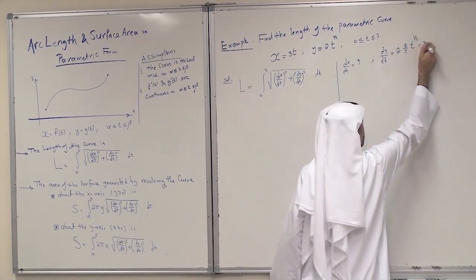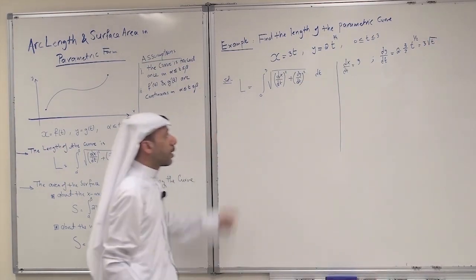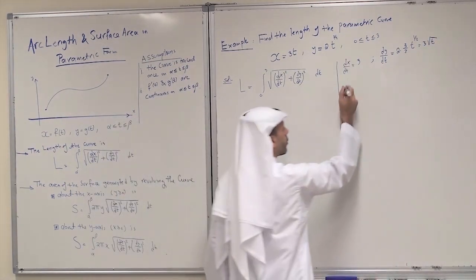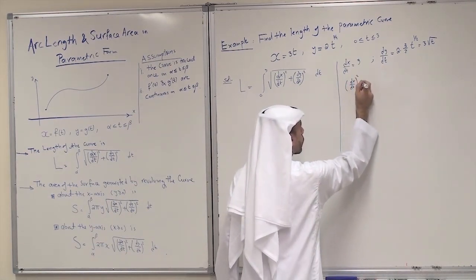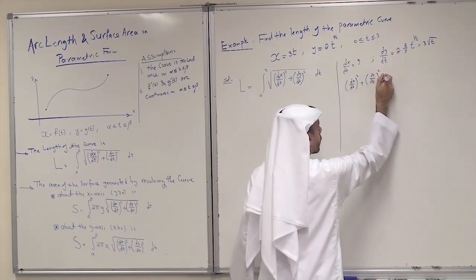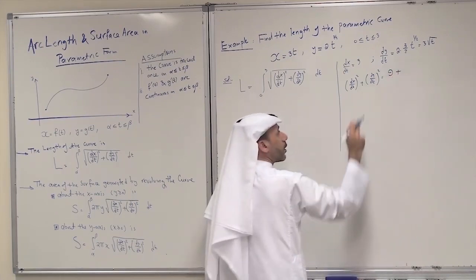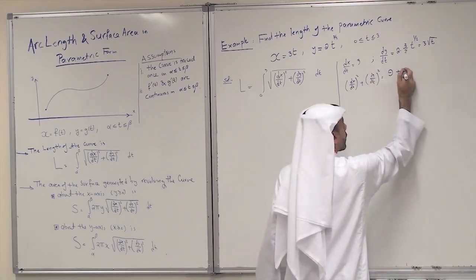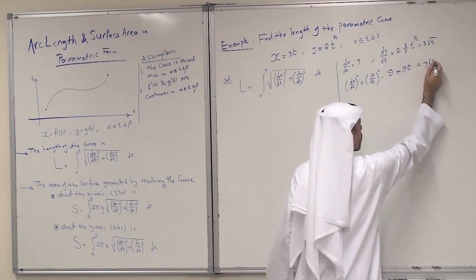This is 3 square root of t. Now take the squares and add them, (dx/dt) squared plus (dy/dt) squared. When you square, you get 9 plus the square of dy/dt, which is 9t. And this is just 9(1 + t).